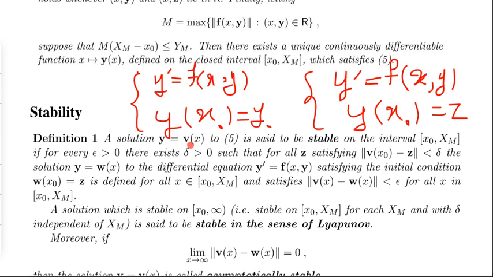If y, the solution of this problem, is the function v of x, then v at x naught minus z will be less than delta. In other words, y0 minus z will be less than delta. Delta is a small value.